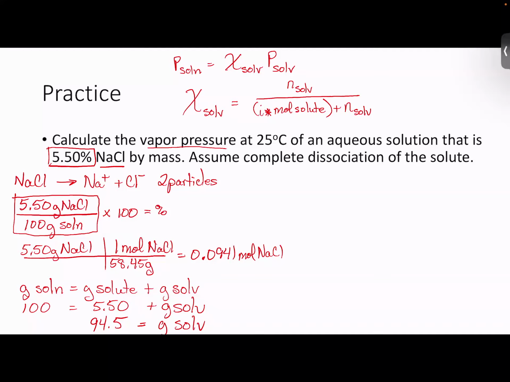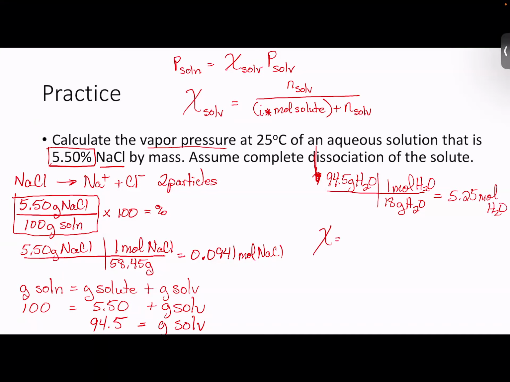Which we can then use to get our solvent, by using our molar mass to convert to moles. And you get 5.25 moles of water. Now that we have all this, we can get our mole fraction.